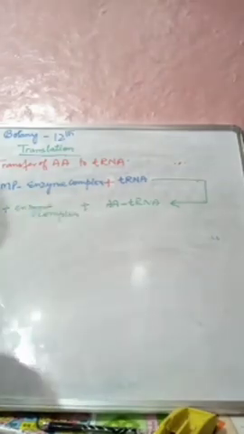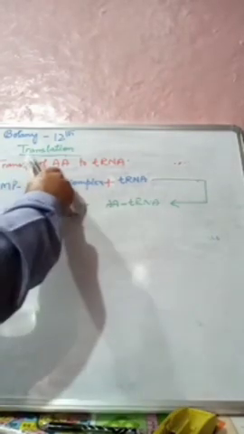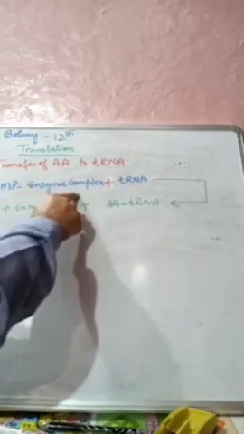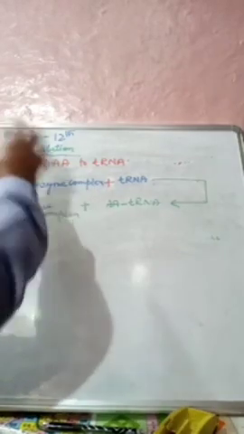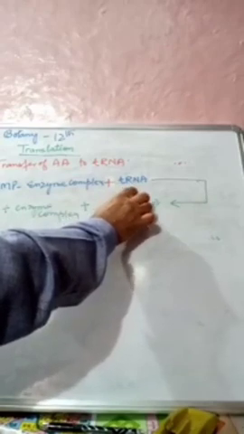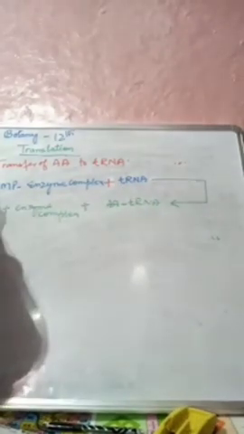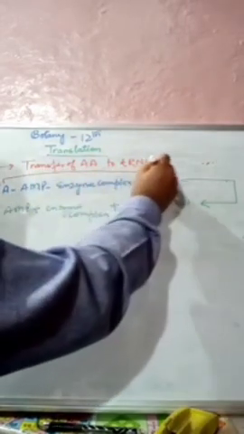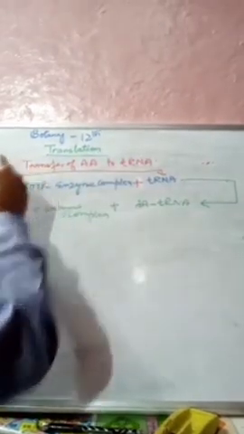So in the second step, what happens? The transfer of amino acid to tRNA. The amino acid AMP enzyme complex, which is formed in the first step, reacts with the specific tRNA. Here the amino acid is transferred to this tRNA.